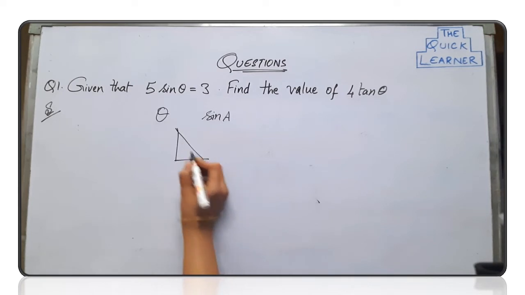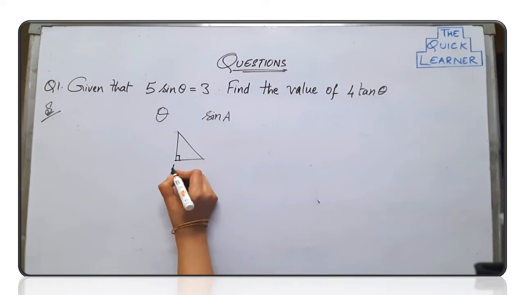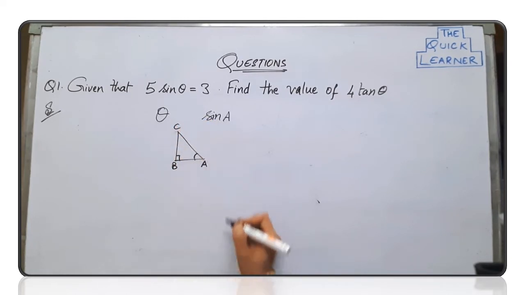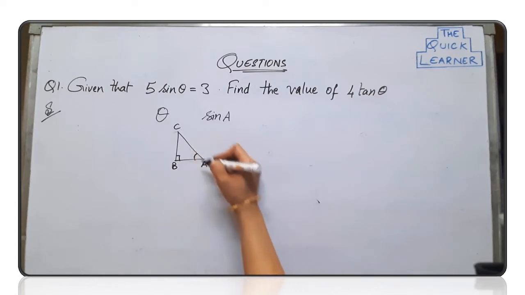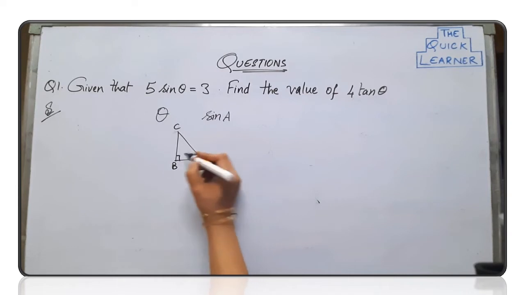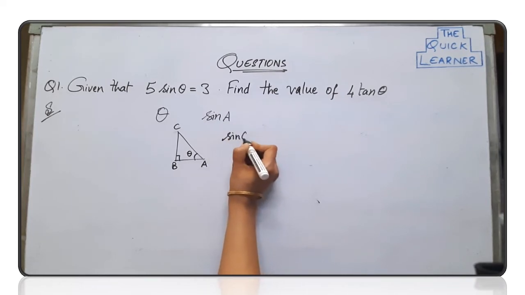Well, sine A, how did it come? If this is the right angle triangle, right angled at B, this is A and C, this is angle A. If we are taking this as angle A, we write it as sine A. If this angle A is given as theta, we write sine A as sine theta.